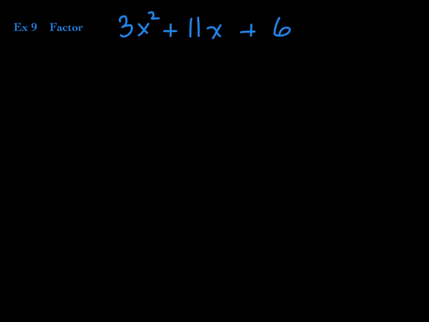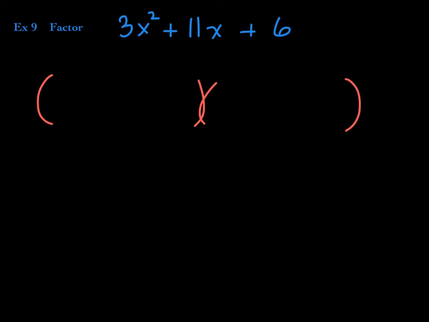All right, check out this trinomial. Notice that the GCF is 1. In other words, they have nothing in common. Okay, so let's jump right into the factorization here. Now, this one's going to be different or more challenging because the leading coefficient is not 1.